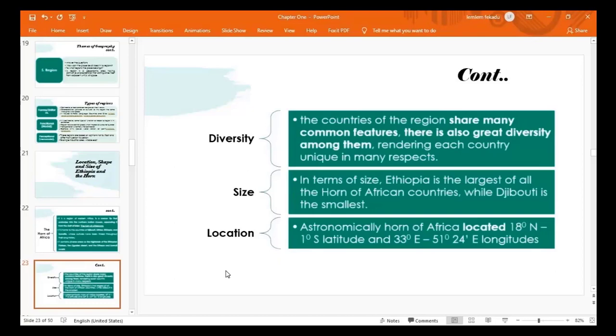In terms of size, Ethiopia is the largest of all the Horn of Africa countries, while Djibouti is the smallest. Astronomically, the Horn of Africa is located 18 degrees north to 1 degree south latitude and 33 degrees east up to 51 degrees 24 minutes east longitude.